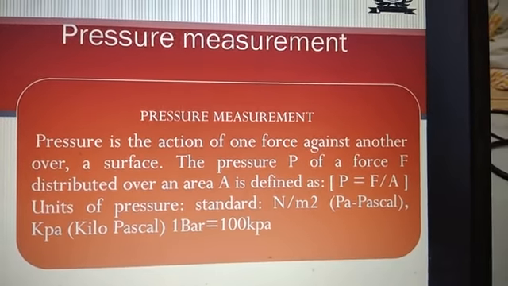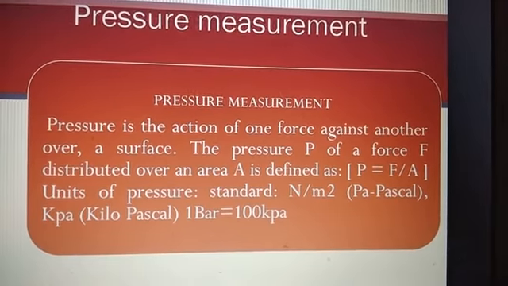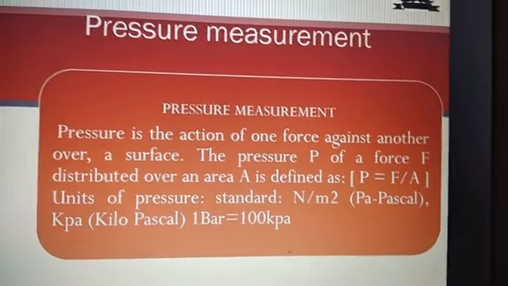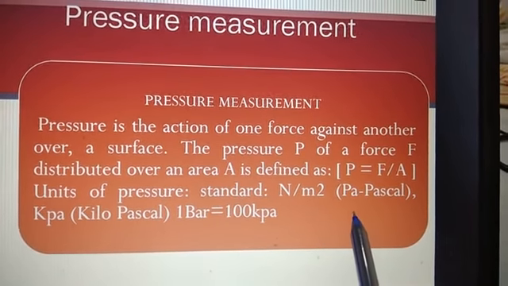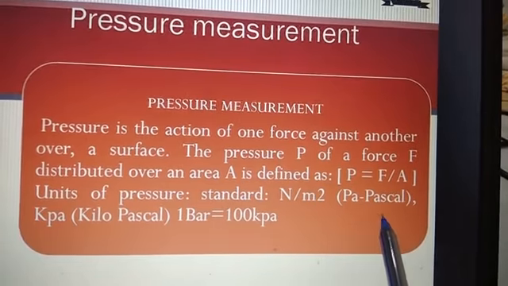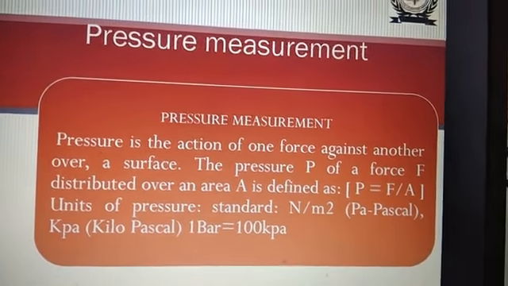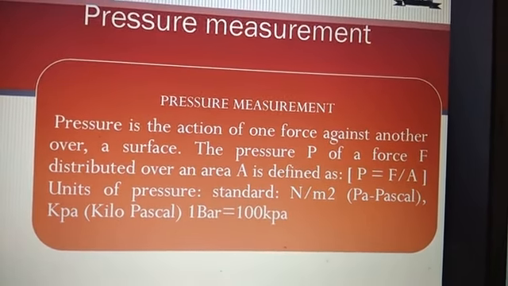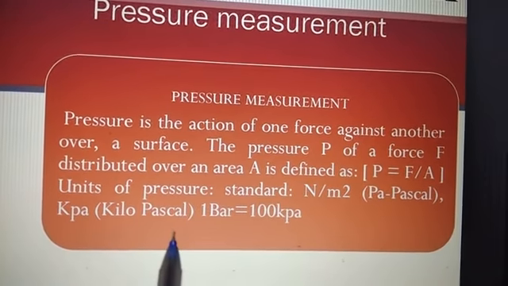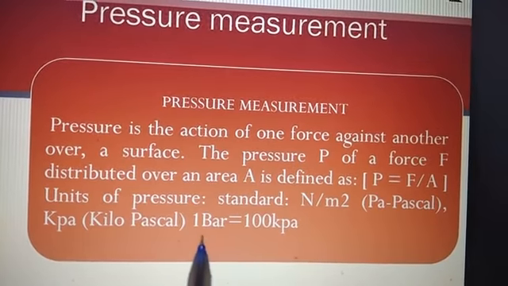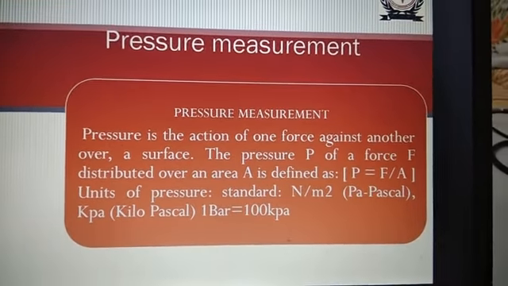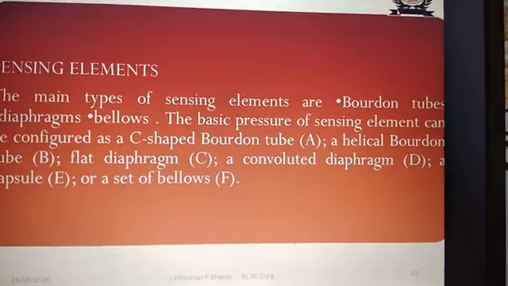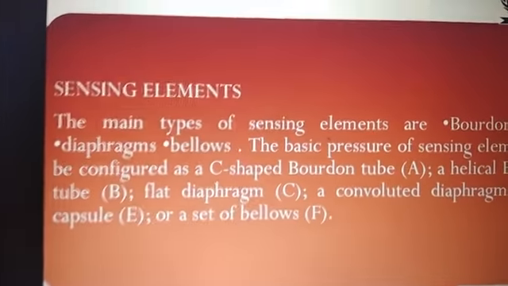And the unit of pressure standards are Newton per square meter, that is Pascal, abbreviated as Pa, kPa, kilopascal, or 1 bar is equal to 100 kilopascal. This is the unit of measurement of pressure.